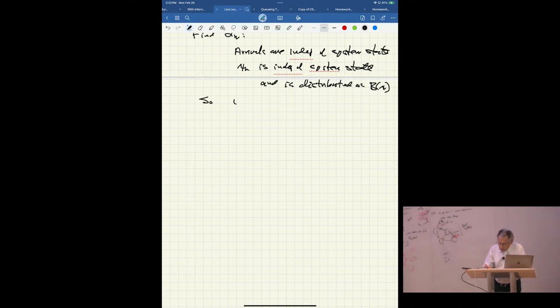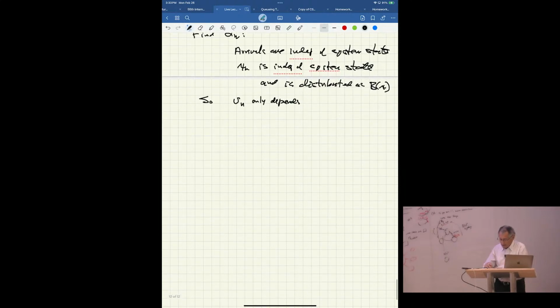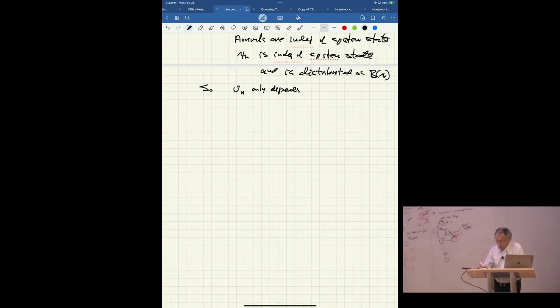So this quantity of interest V sub n only depends upon the distribution of Xn. I mean, that's what the alphas are about. The alphas are about the probability of Vn taking on certain values. So it only depends upon the distribution of Xn, and also not on n itself. Poisson doesn't care how many in the system are going to come in.